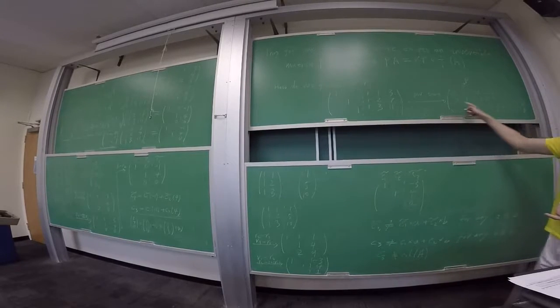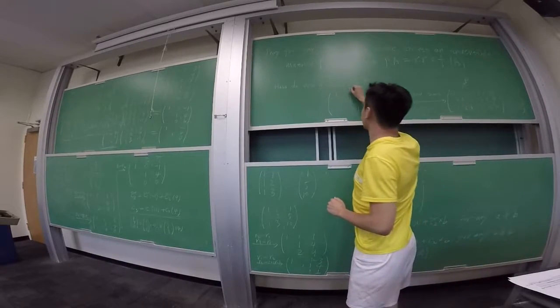And that's why the P will appear over here after you do all the row transformations. Is that clear? Yeah. So this is a method of finding such P.